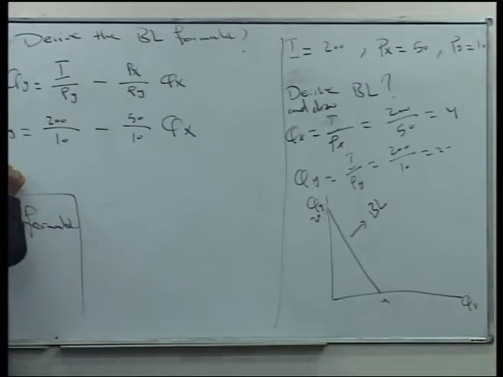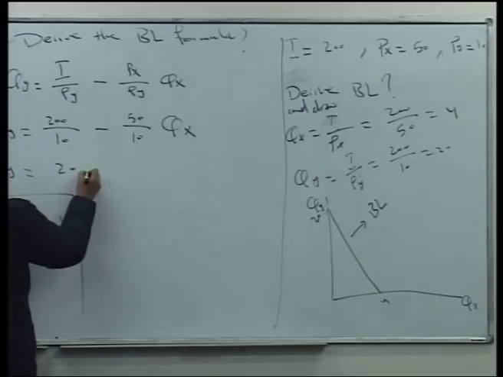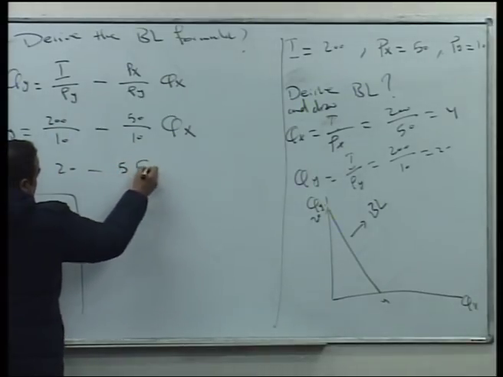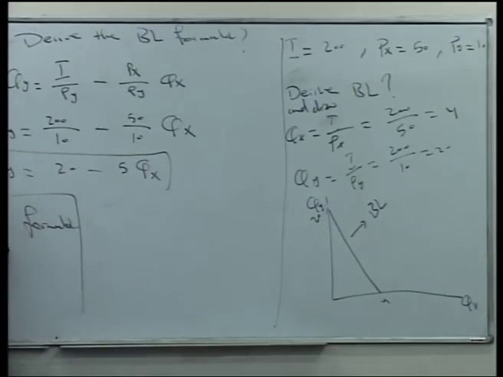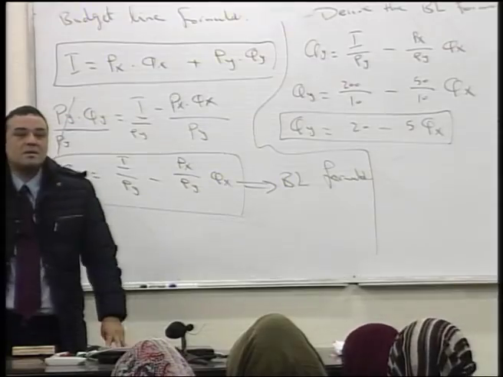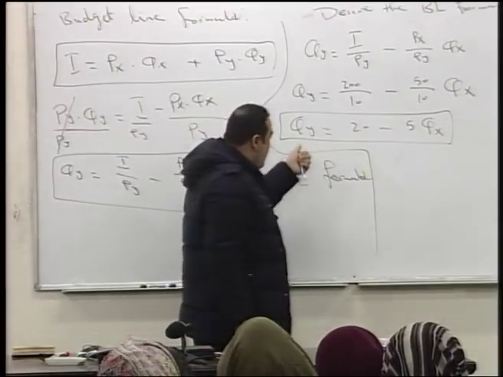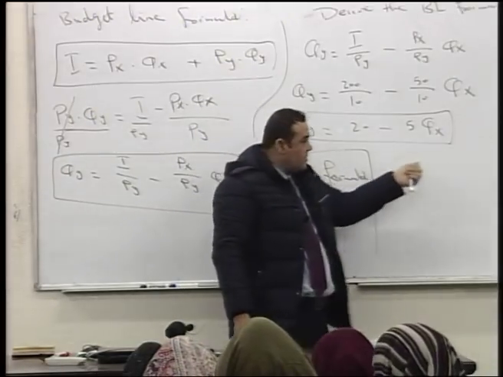So QY equals 20 minus 5QX. This is the budget line formula, which helps us calculate the quantity of Y when the quantity of X is known.